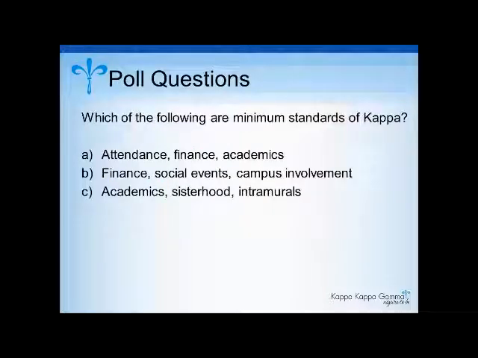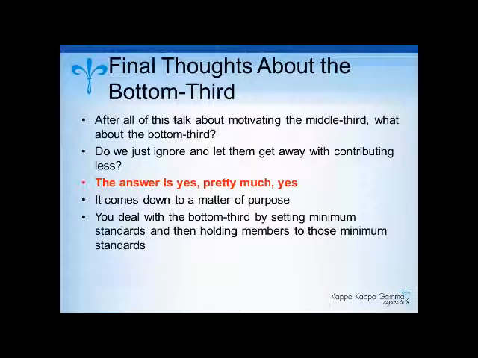CAPA has a set of minimum standards. We have to attend certain mandatory events. We have to do certain things. We have to pay our dues. And so that's okay sometimes for those people to live in that space. And I think that's where we can really help that top third come to grips with that.